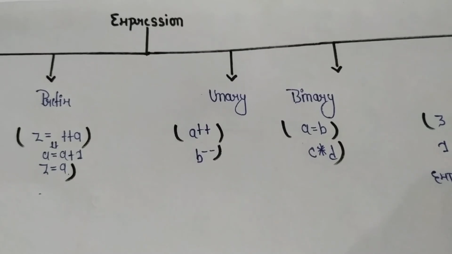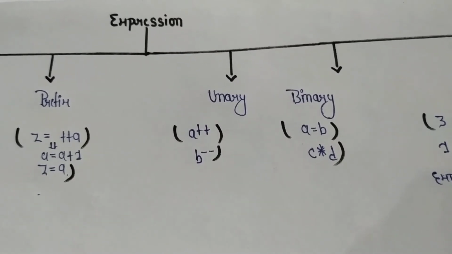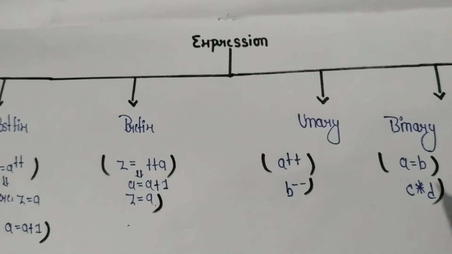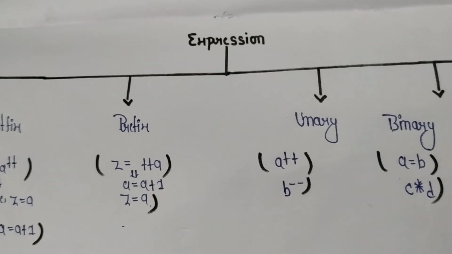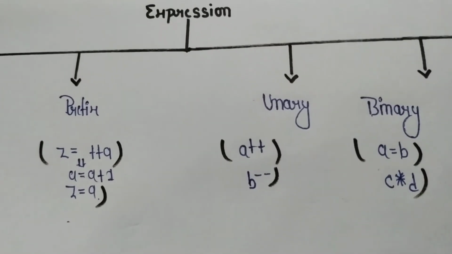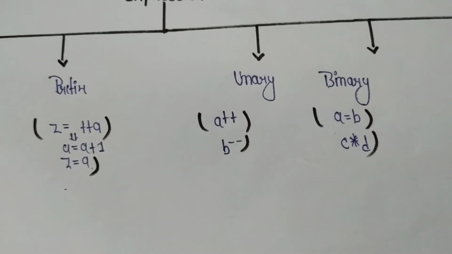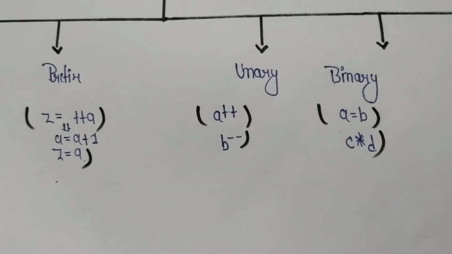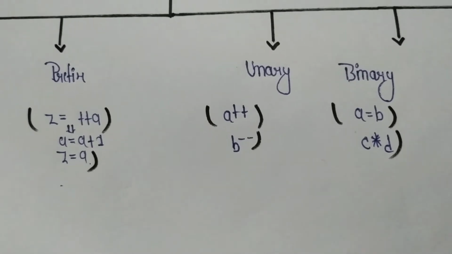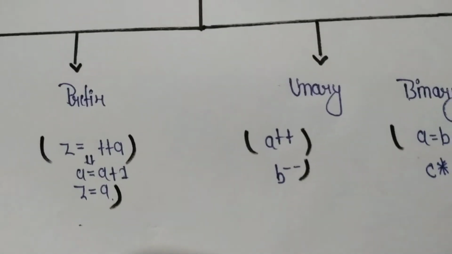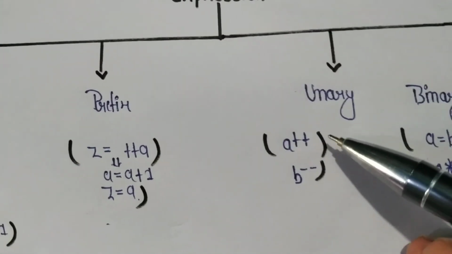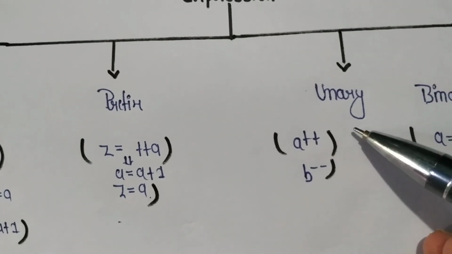After this, we come to the unary operators. Clear? Suppose there are no two operands, only one operand. Then we say this is a unary operator. Means when we perform any operation on only a single variable, we can say that is unary. Here we can see a plus plus increases the value and b minus minus decreases the value.